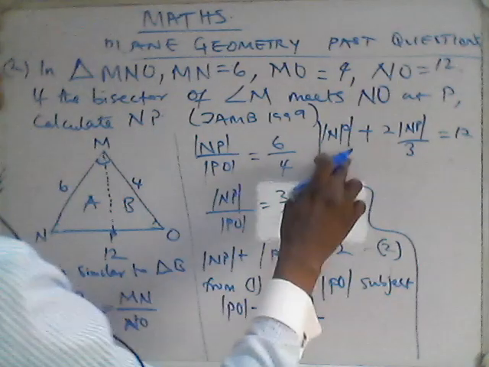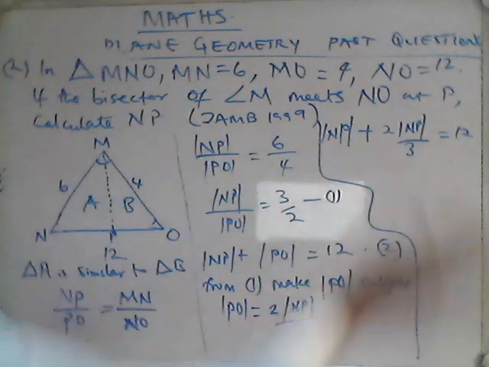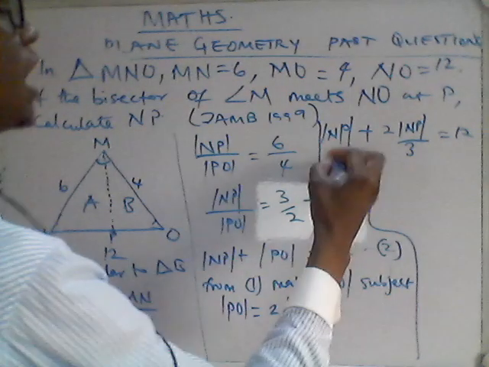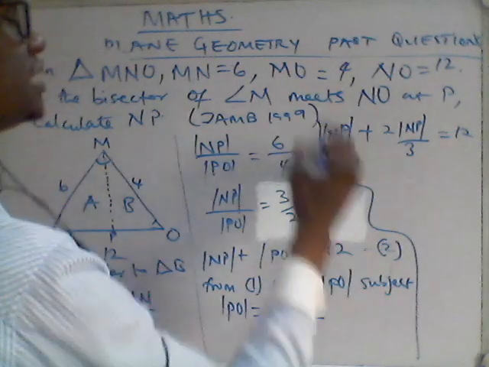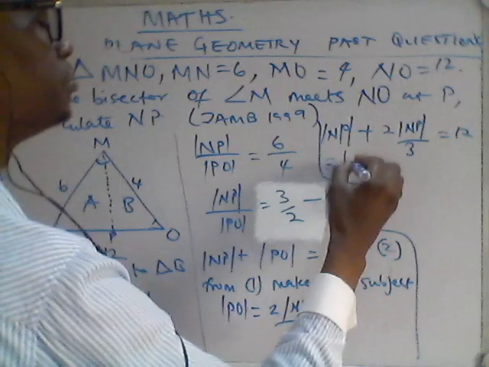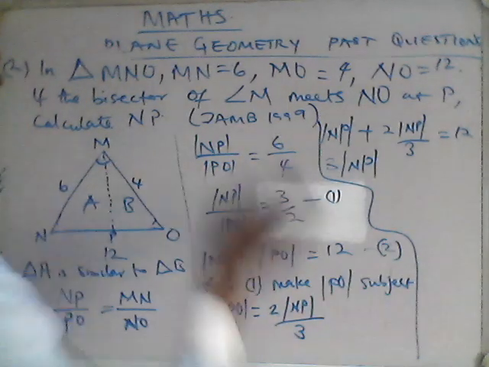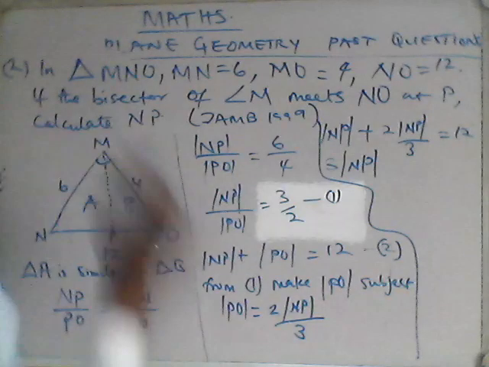From here it's just a simple equation. Multiply each term by 3. So 3 times the first term is 3 line NP. I could use X to represent NP, but I want to leave it as line NP because at the end of the day, NP is what I'm going to get.